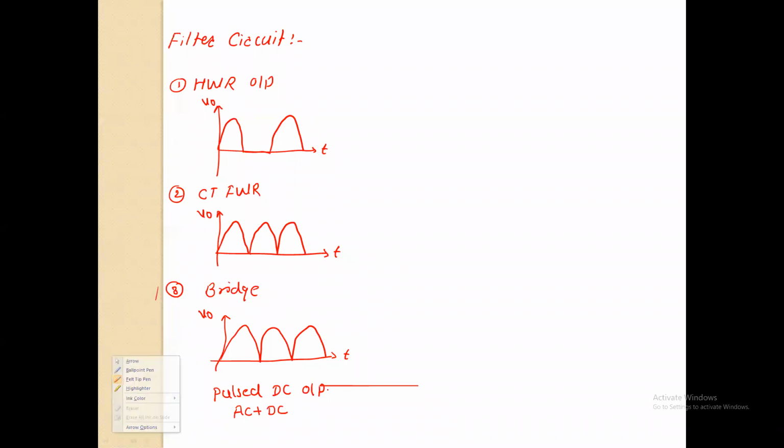Now, what is our expectation from all types of rectifier circuit? The output should be pure DC, and for that the filter circuit is required. What is the basic function of the filter circuit? Suppose this box is the filter circuit, and the input to this box is the output of a rectifier circuit.